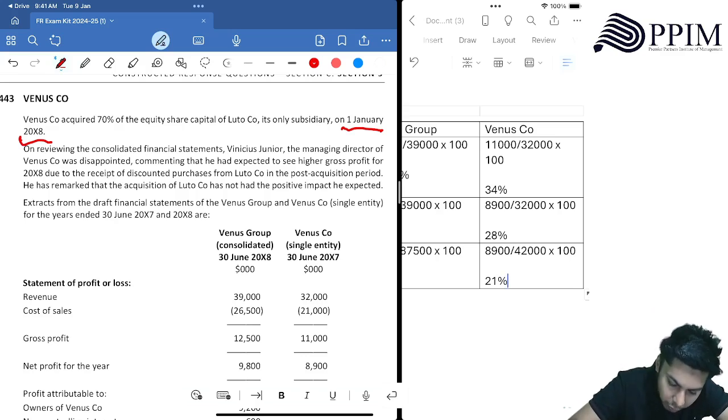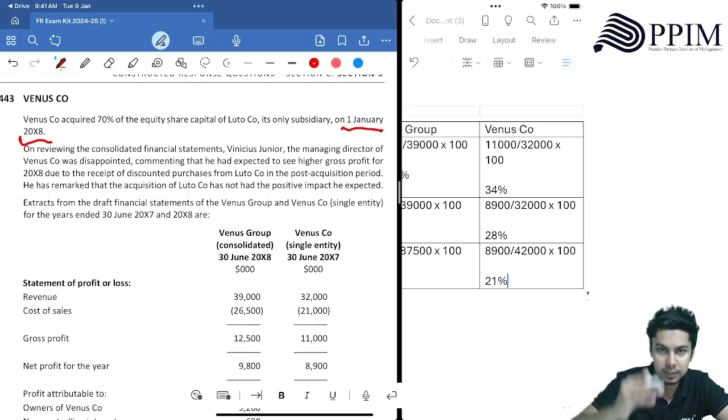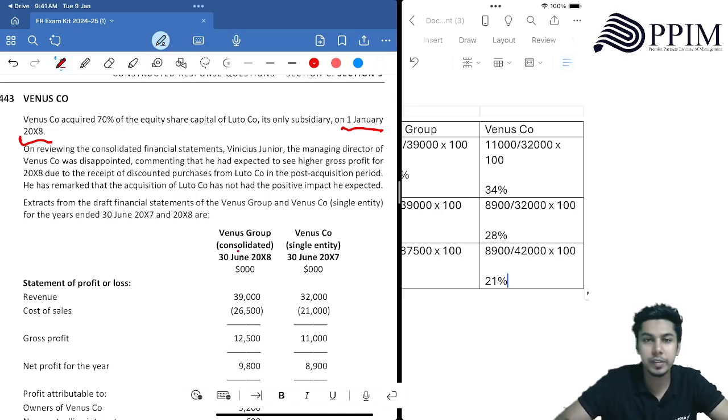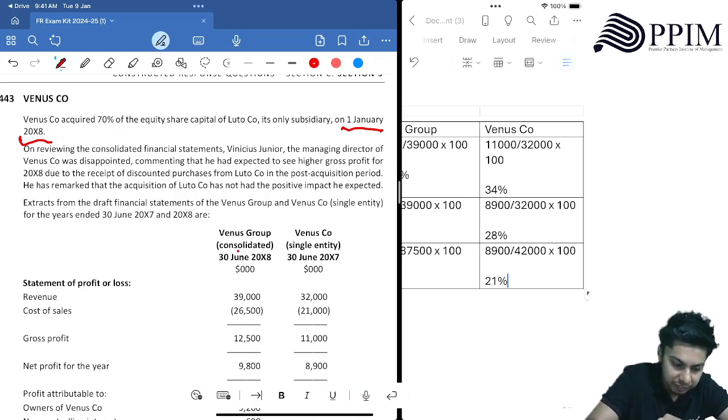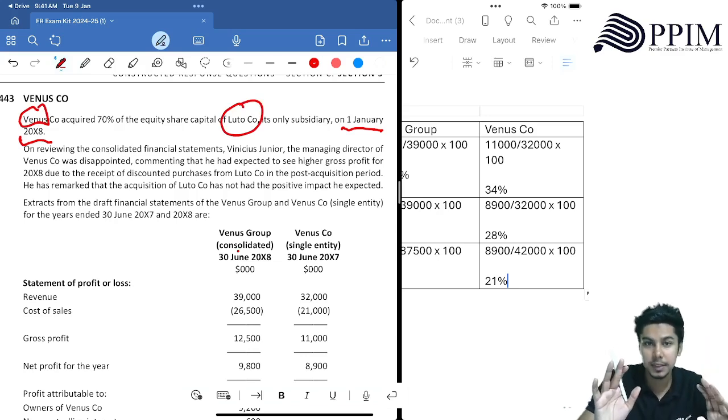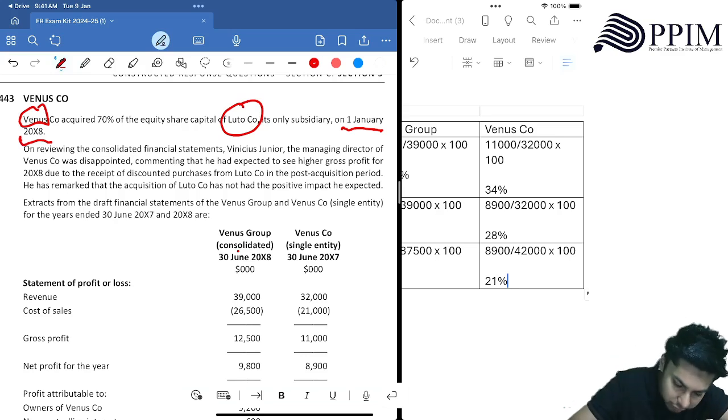Venus Corporation single entity means what? Only Venus numbers are inside this. Understood? Right. Venus Group consolidated means what, guys? Consolidated means Venus answer is also inside, Luto's answer is also inside this statement of profit and loss. Both people's numbers are there. All okay?